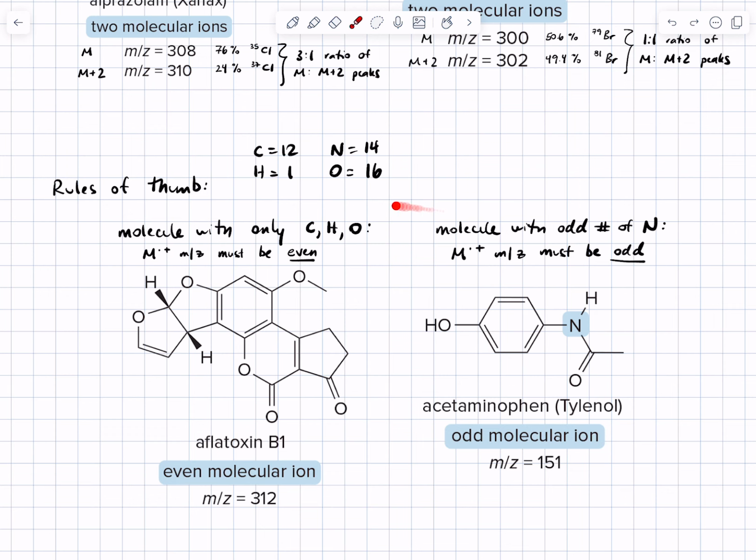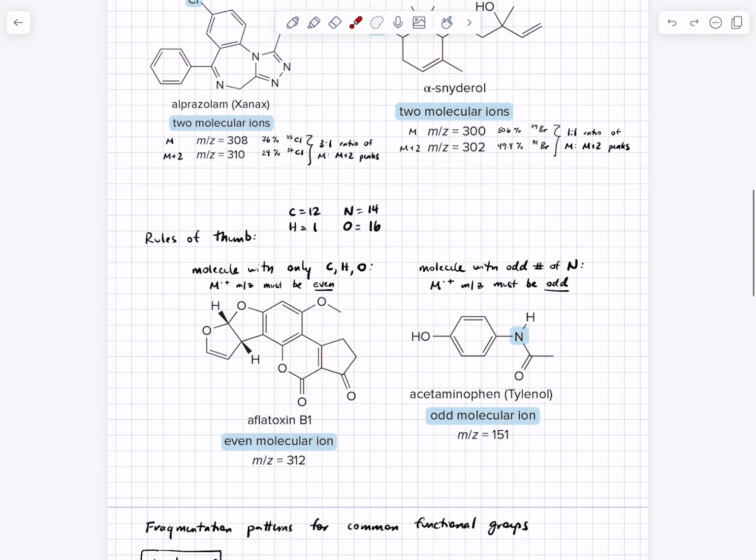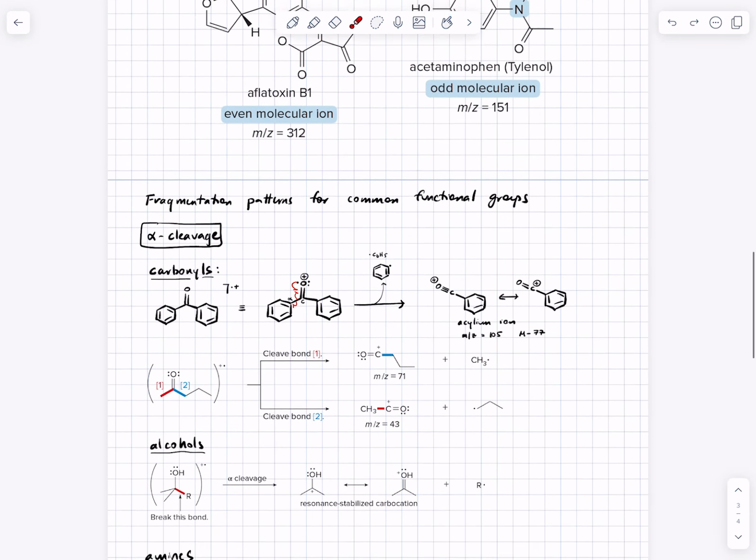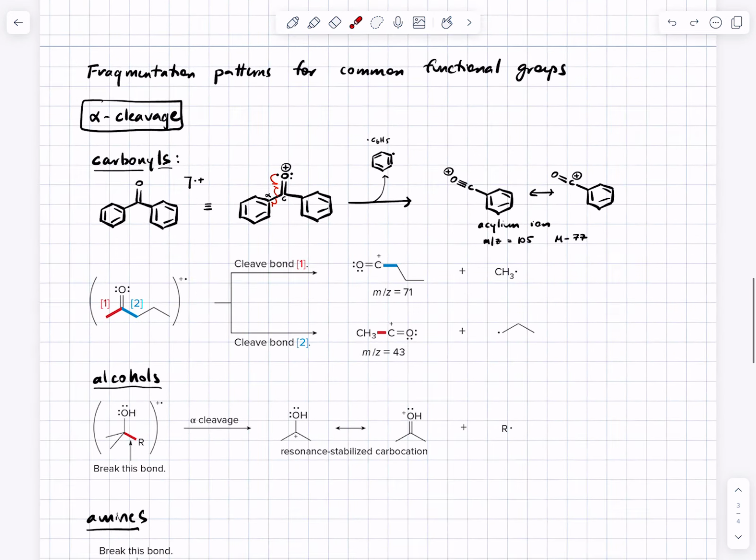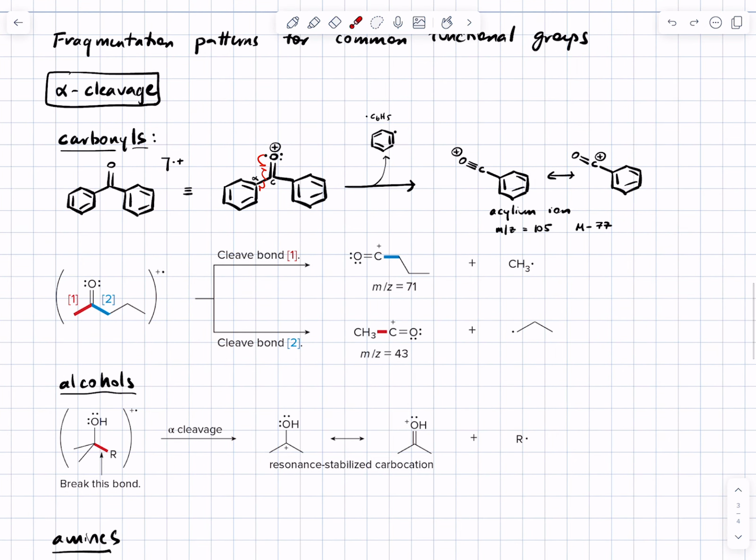I don't know necessarily where you would use that. It's possible that it will come up if you take the organic lab in 353. There's some stuff in the chapter that I am prepared to talk about, fragmentation patterns for common functional groups. I'll put this in the notes.